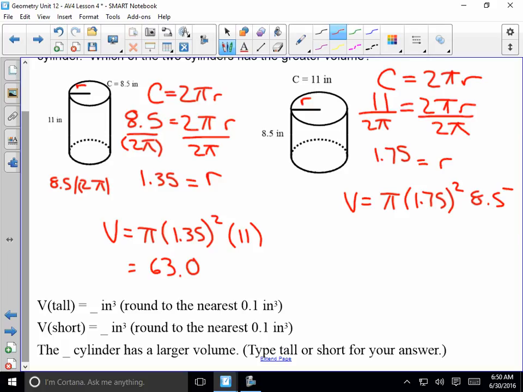But when the 8 rounds the 9 up, it rounds it to a 0, so that is rounded to the nearest 0.1 of an inch cubed. Now our other volume, we've got pi times 1.75 squared times 8.5. Okay, we get 81.8.